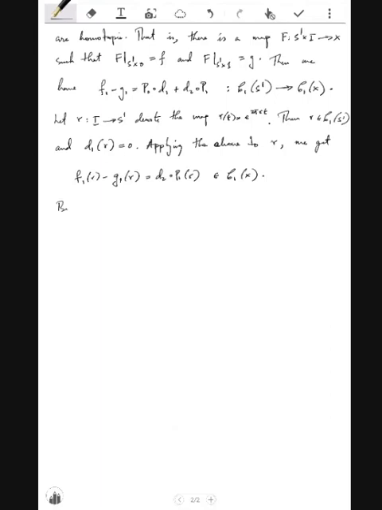But note that f1 of gamma is by definition f composed with gamma.